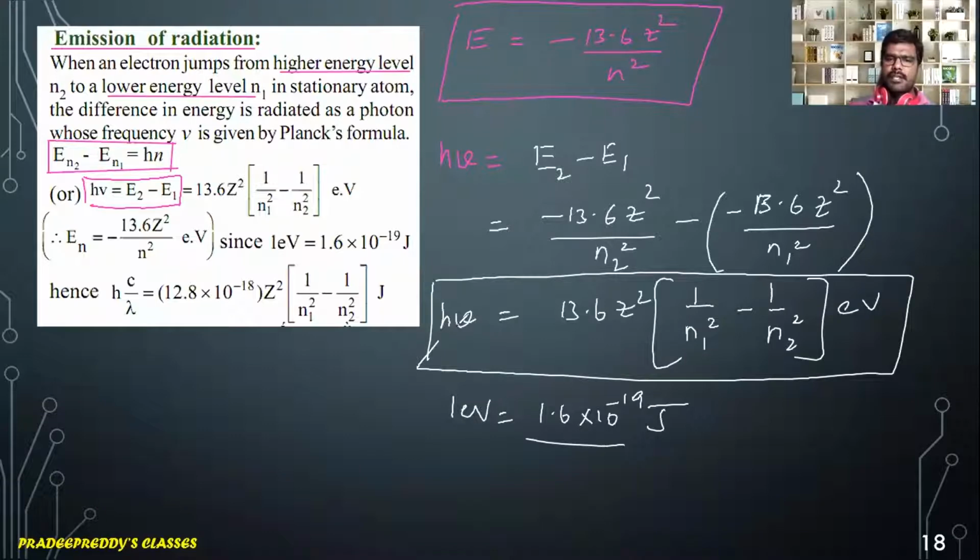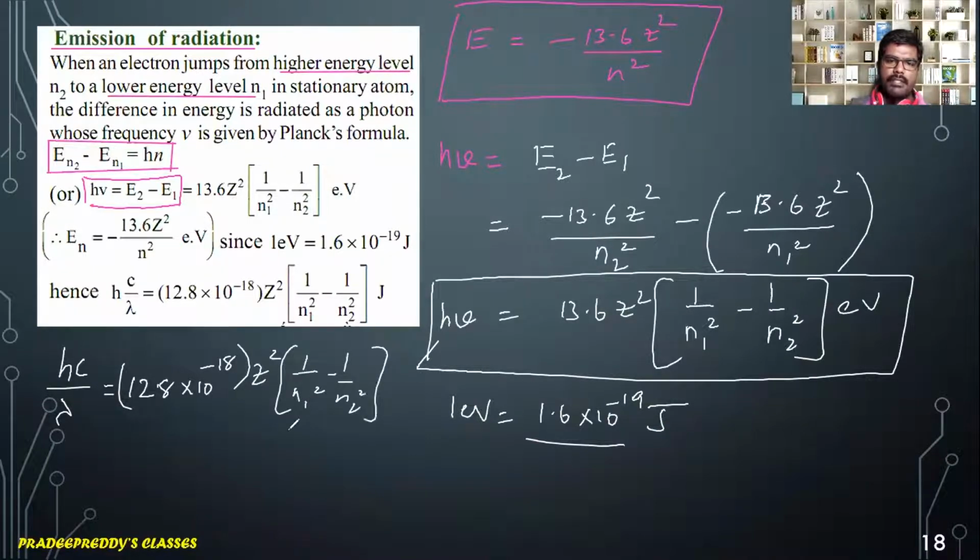Clearly, h nu is hc by lambda. So hc by lambda, if you convert this h nu from electron volt into joule, can be simply written as 2.18 into 10 power minus 18 Z square into 1 by n1 square minus 1 by n2 square, and this is in joule.